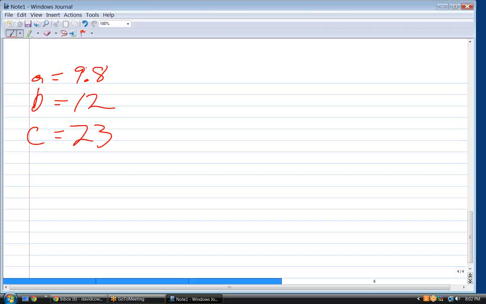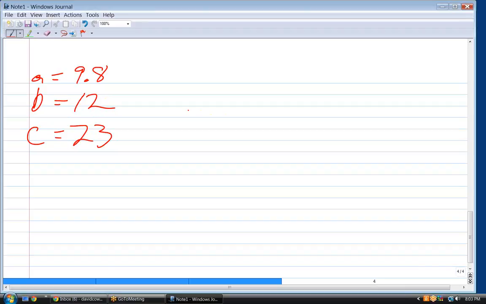Let's see. 9.8 has to be less than the sum of these two, which it is, and it has to be greater than the difference of those two, which it is not. Okay? So, by using that geometry rule, I can tell that this is not a possible triangle.